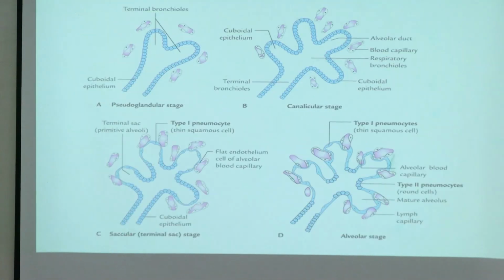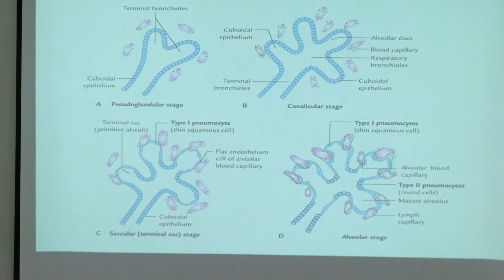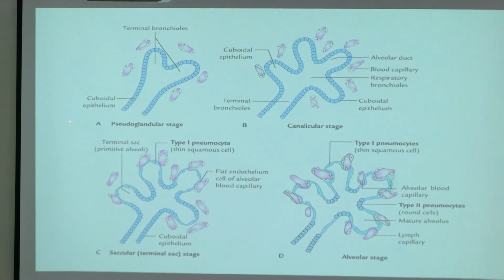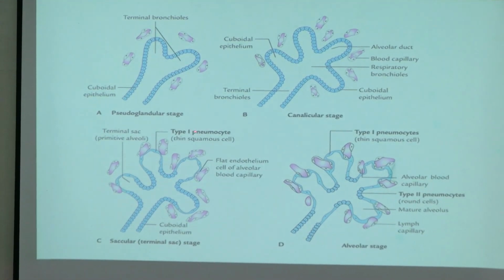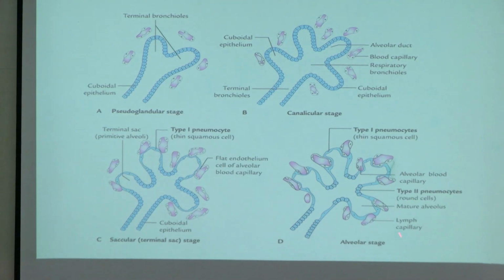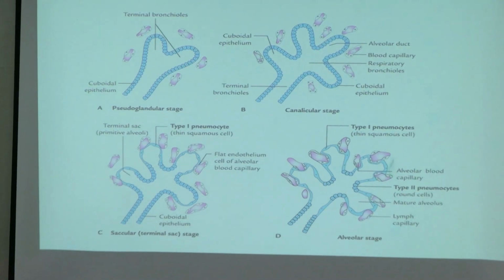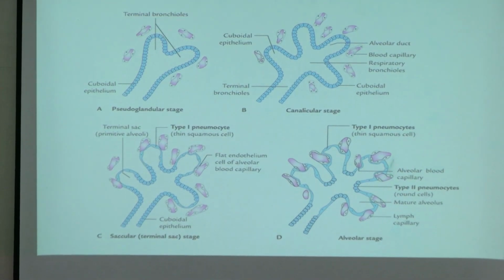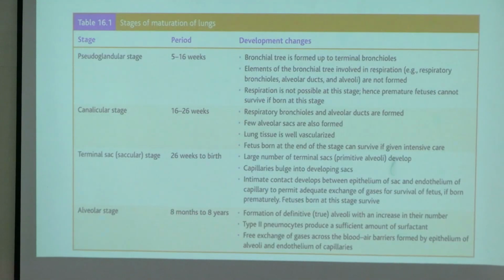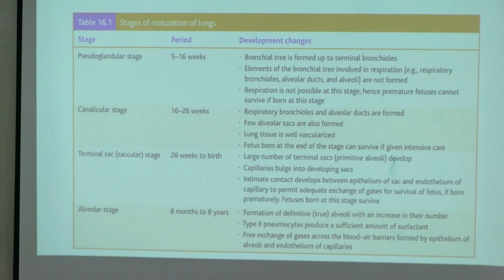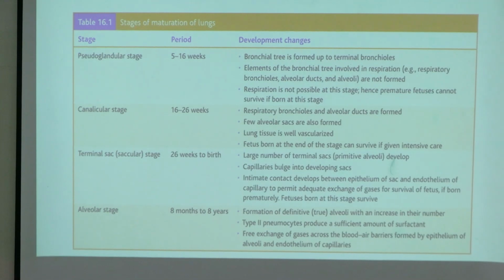Next we have maturation of the lungs. You can see here, in the first set there is only cuboidal epithelium, then we can see the formation of type 1 and type 2 pneumocyte cells. Is it clear for everyone? You can take 2 minutes and read about all the stages.